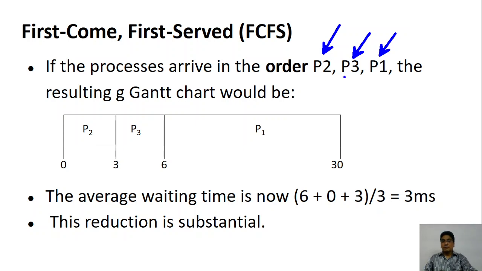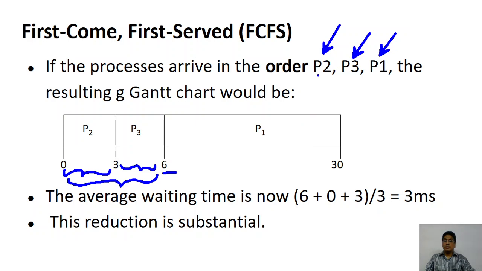First P2 will enter, and it takes 3 milliseconds, so from 0 to 3 milliseconds P2 completes its work. After 3 milliseconds, P3 is allowed to run, and P3 also takes 3 milliseconds. After 6 milliseconds, P1 is allowed to perform its task.